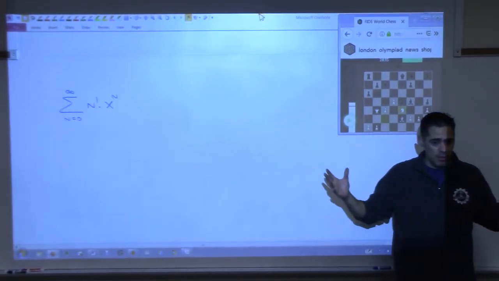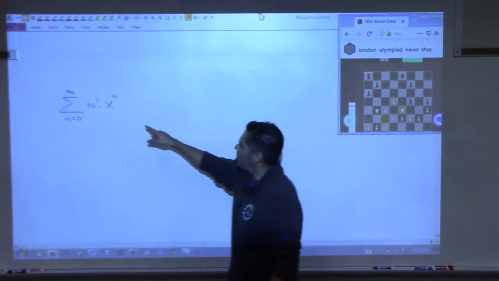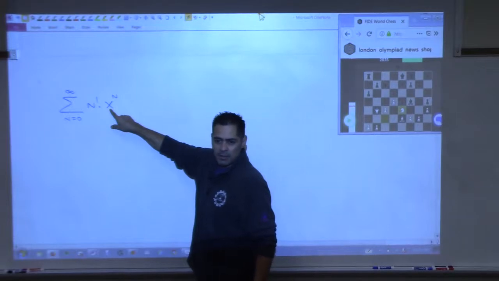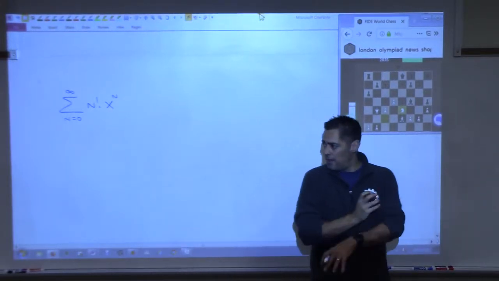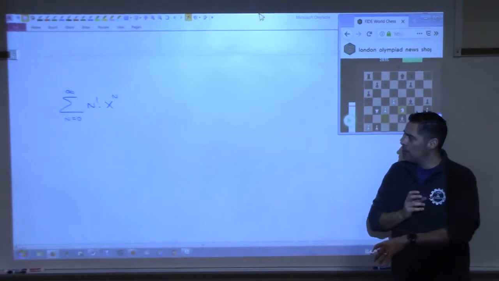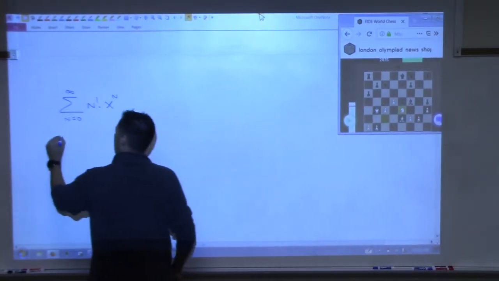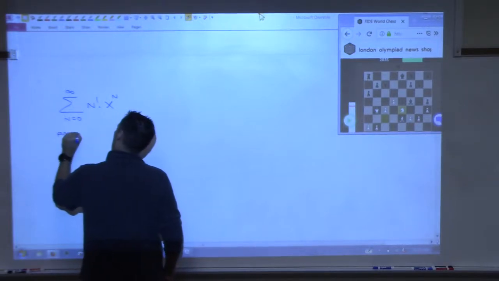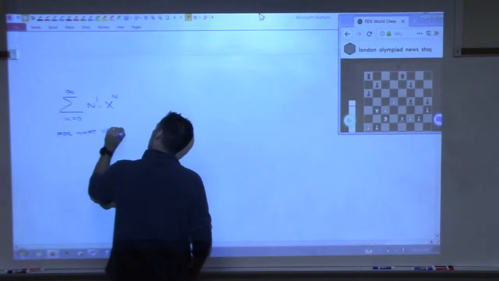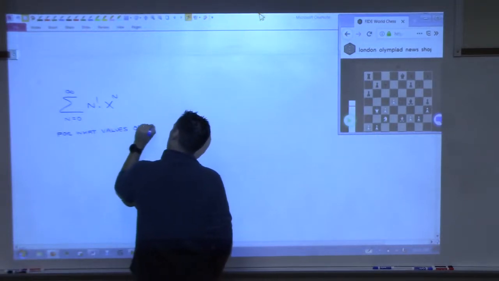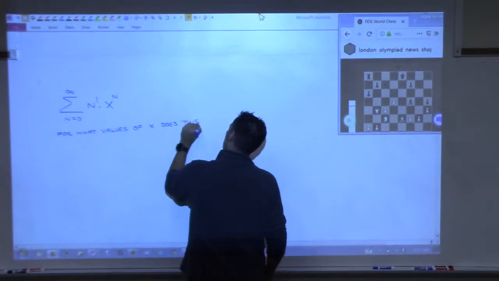Just explode. Would you all agree? Yeah. But the problem is I don't know what this is doing, right? This could be getting really small and killing off the n factorial. So I need to figure out for what values of x does this converge?